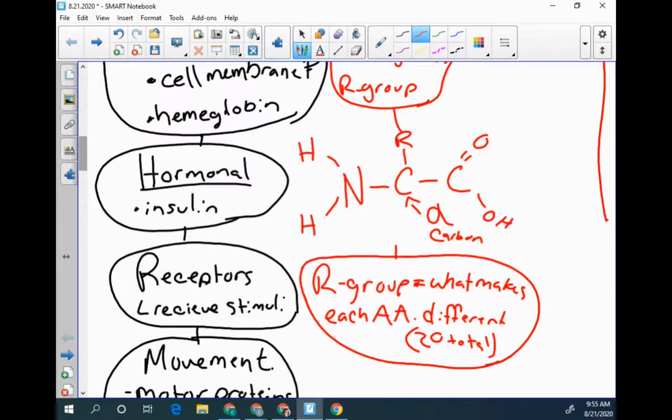So if there are 20 different R groups, that means there are 20 different amino acids. All of our thousands and thousands of proteins all boil down to 20 amino acids. If you take a biochemistry class in college, they might have you memorize them. I did not have to memorize them.